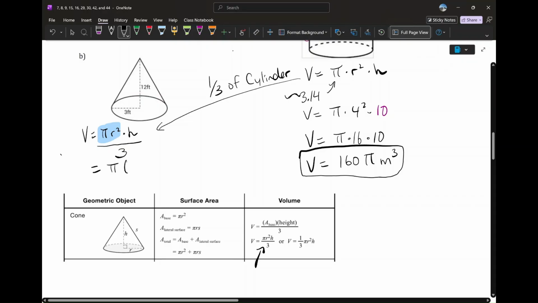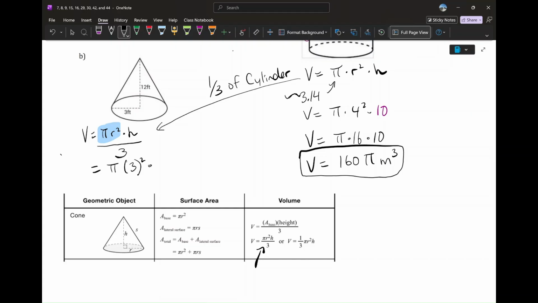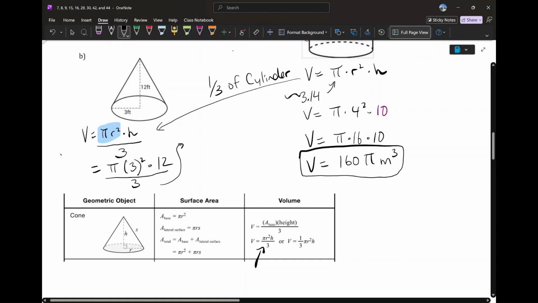So the radius is 3 feet times the height, all divided by 3. So our volume is going to be 3 squared is 9. I'll write that in here. We get 9 pi times 12 divided by 3. Maybe I want to do 9 divided by 3 right away. That's going to give us 3.